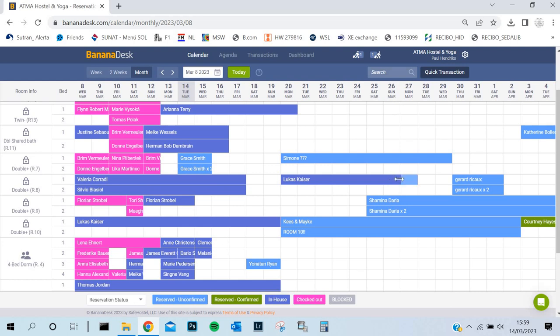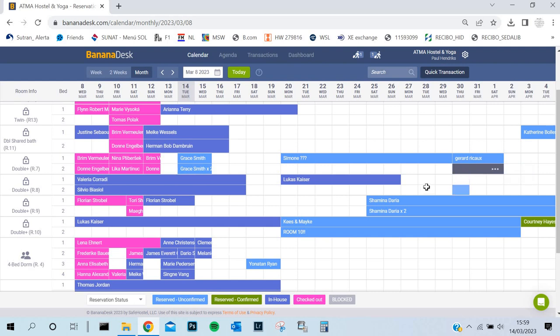But let's say he wants to extend 4 more nights. If he wants to extend 4 more nights, then this reservation is in the way. But what I can do is, since they booked the double bedroom, I can still put them in 10, 9, 8, or 7.